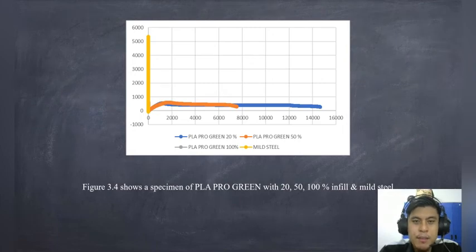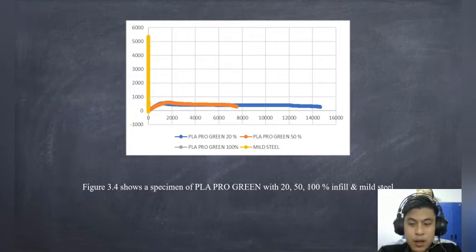Okay, this is the PLA Pro Green for 20, 50, and 100% infill and mild steel. As we see, the mild steel in this figure cannot be plotted perfectly, because the specimen data for the PLA Pro Green is highest, and the strongest is the PLA Pro Green 20%, which breaks at 14,000.